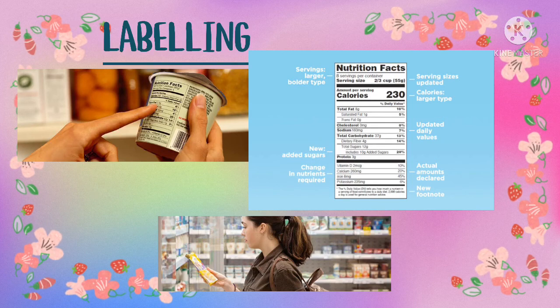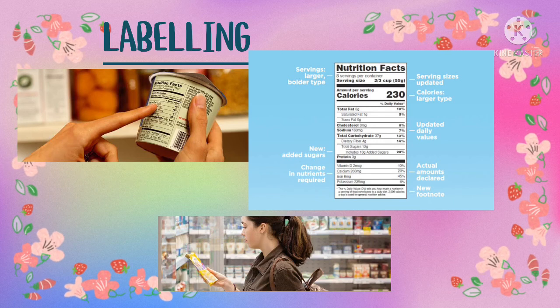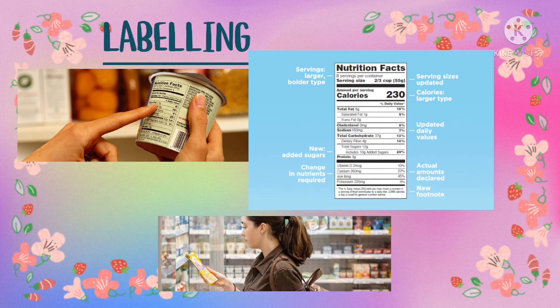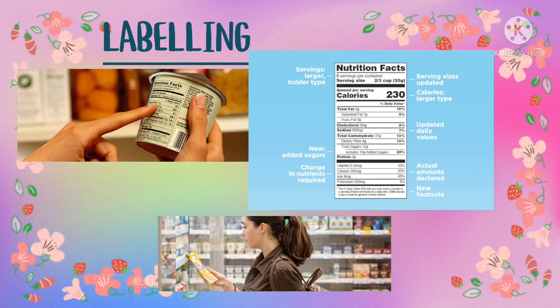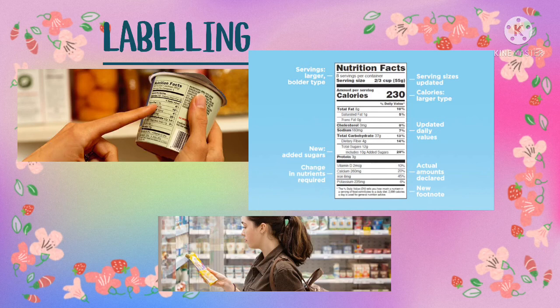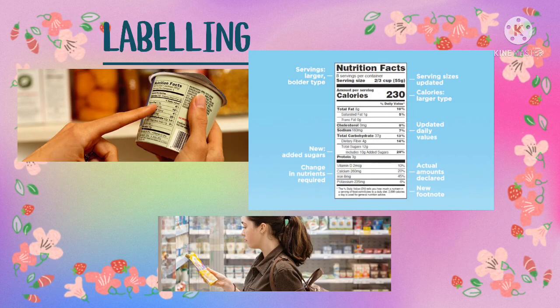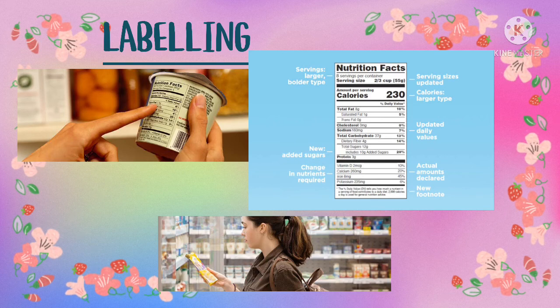A product label can be, A, in simple tag form, as in the case of local products like rice, pulses, etc. B, elaborate labels, as used by the reputed companies. These are very attractive and give complete information about the product to the customers.